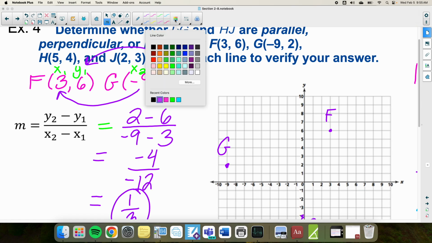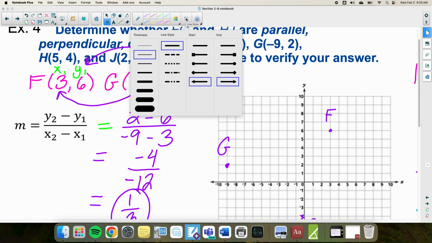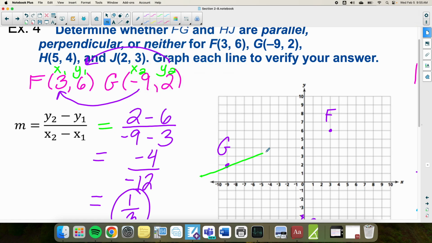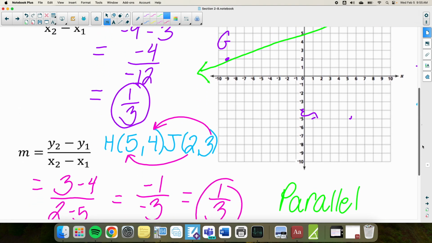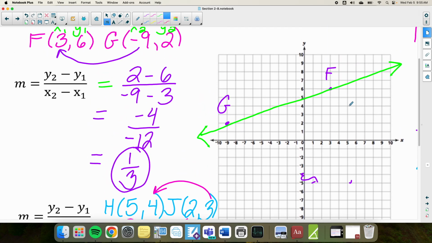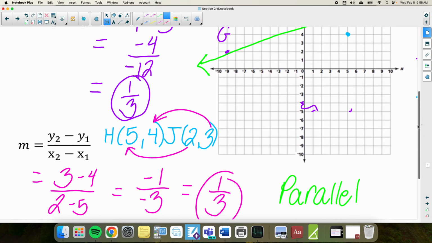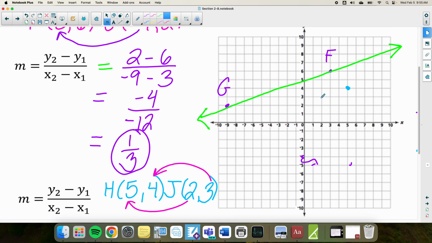oops, let's try this again. Okay, it's gonna be hard sometimes to tell if two things are parallel or not. So let me try, oh, it didn't even work. So, or maybe, I don't know, that looks weird though. Okay, so now we're gonna plot the other 2 points. One is over 5 up 4, and the other one is over 2 up 3.